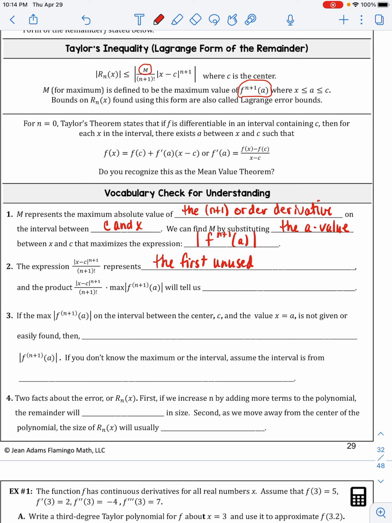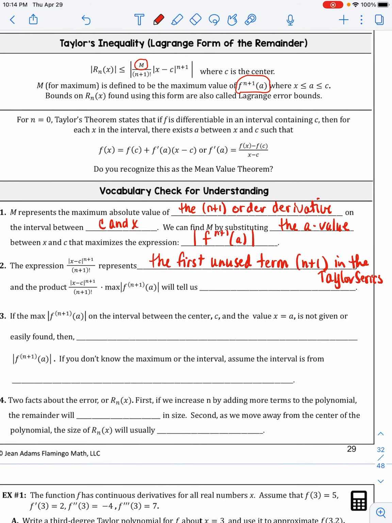So the expression, absolute value of x minus c to the n plus first over n plus 1 factorial, represents the first unused term, n plus 1, in the Taylor series.